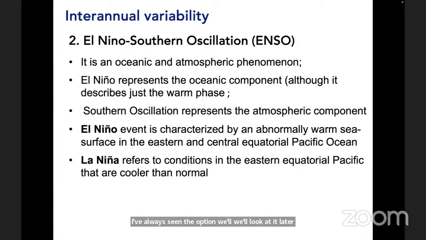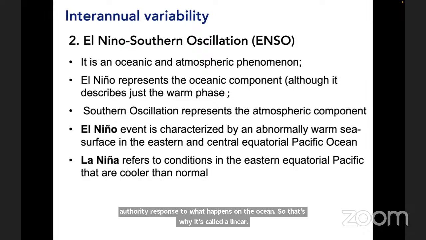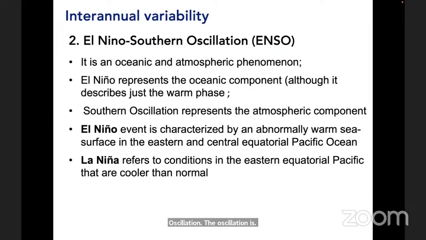The Southern Oscillation part, which is the oscillation part, represents the atmospheric response to what happens on the ocean. That's why it's called El Niño Southern Oscillation. The oscillation is this change because of what happens on the ocean surface. Oscillation means changes from year to year in terms of the impact on the climate, the impact in the atmosphere.